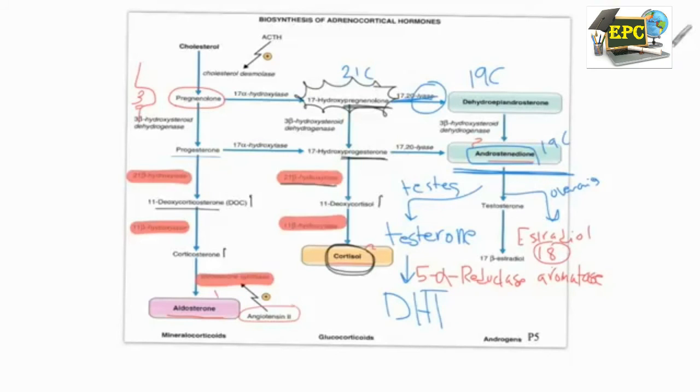However, in the ovaries, we would take the androstenedione, convert it, and take off a carbon molecule. So we end up with an 18 carbon molecule, estradiol, by the help of aromatase, which also adds an aromatic ring. So this is very special for the females. By this, we finish the pathway of the biosynthesis of the steroid hormones.